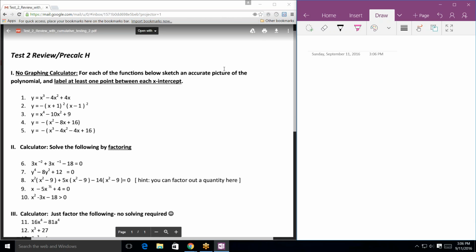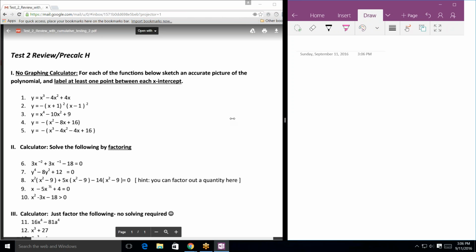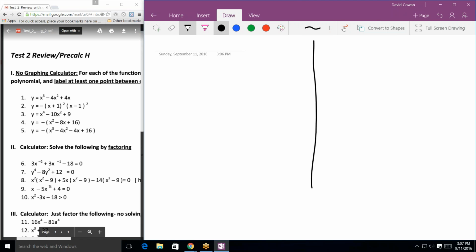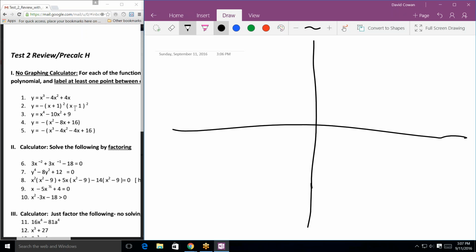Well, this is not that easy of a function to figure out how to graph, but a good place to start is always the x-intercepts and the y-intercepts. So what are the x-intercepts? If y is equal to minus that times that, what are the x-intercepts? Would it be -1 and +1?